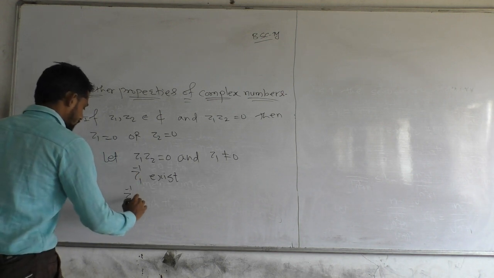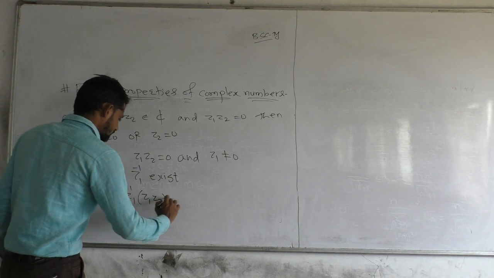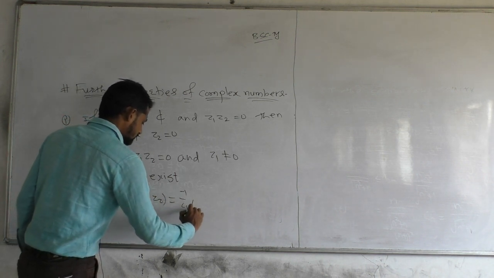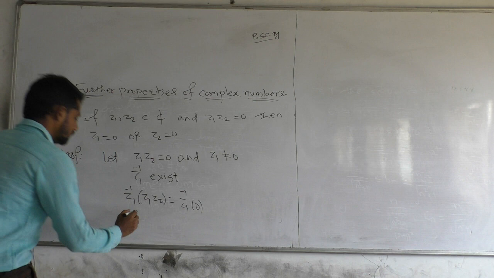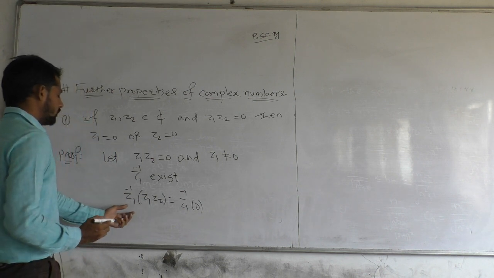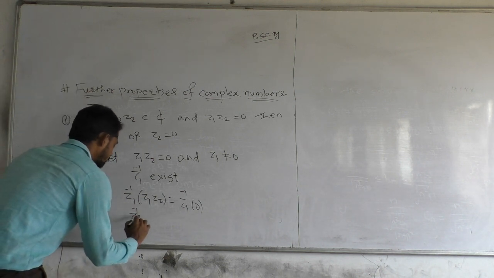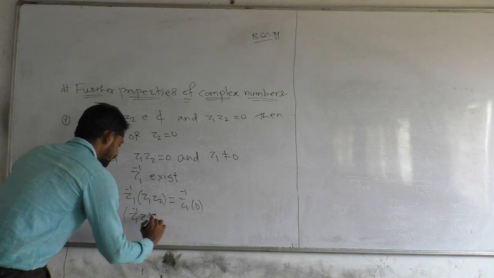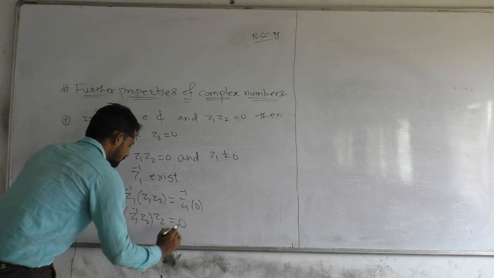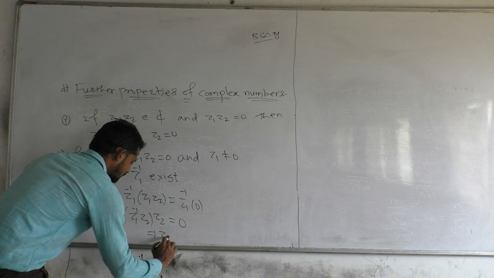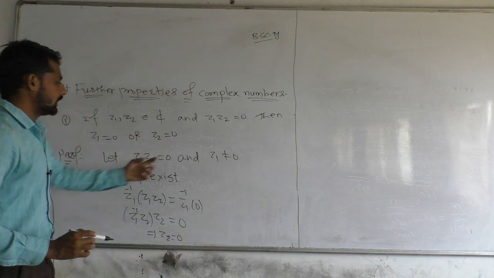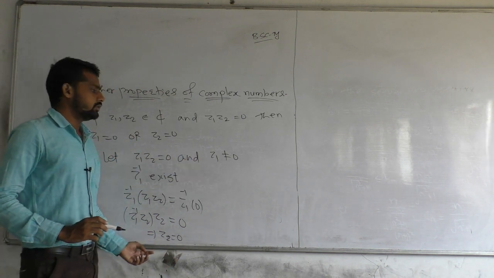So Z1 inverse into Z1 into Z2 is equal to Z1 inverse into 0. By associativity of multiplication, Z1 inverse into Z1 into Z2 is equal to 0. So this implies Z2 equal to 0. If Z1 is not equal to 0, then Z2 is equal to 0.